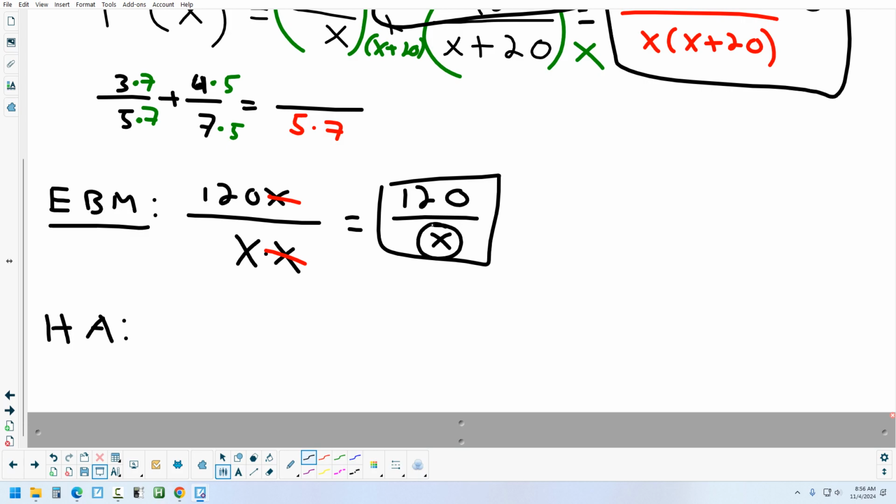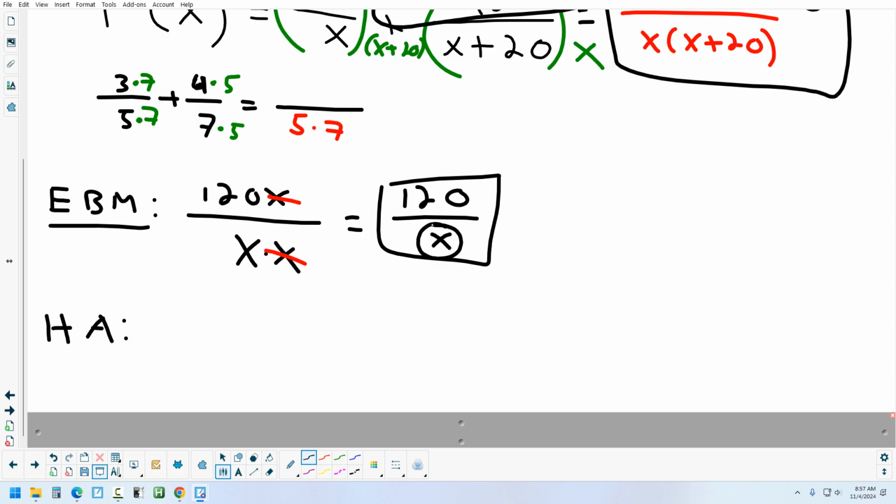As x gets really, really big, the bottom of the fraction gets really big. If the bottom of a fraction gets big, the whole fraction gets small. And it's going to get so small that it's going to get close to what number? 0. So your horizontal asymptote is at 0. Anytime the EBM has an x in the bottom, when it's completely reduced, it's always a horizontal asymptote of 0.